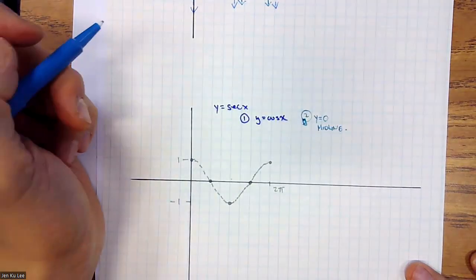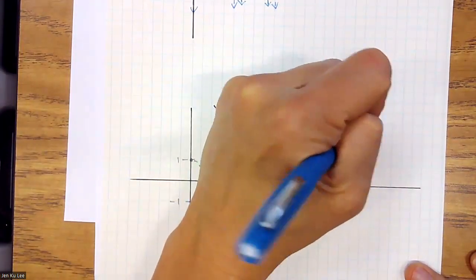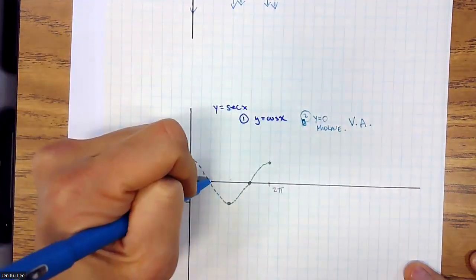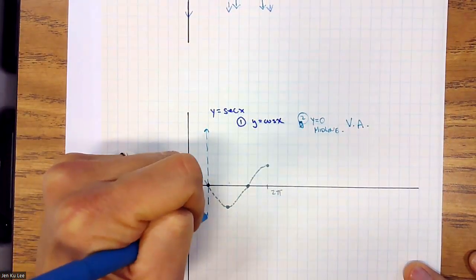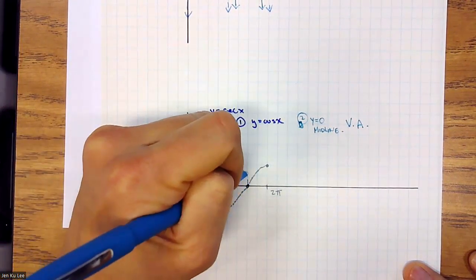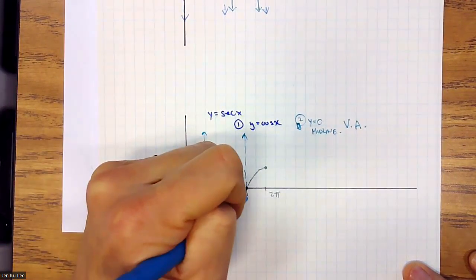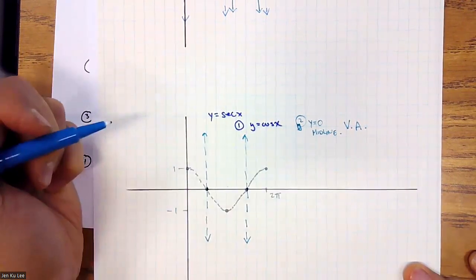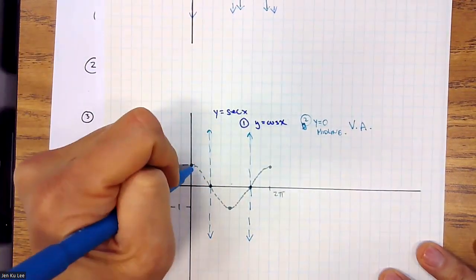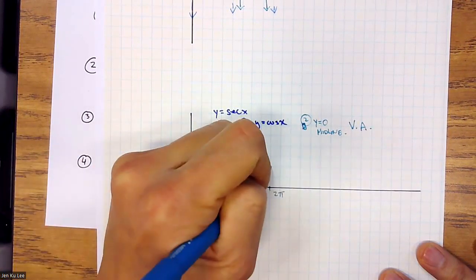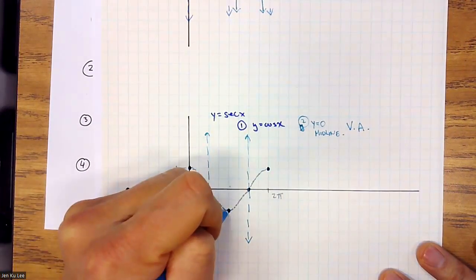I'm going to graph my vertical asymptotes and label them VA. Here is my vertical asymptote, and here is also my vertical asymptote, again because the reciprocal of 0 is undefined. Here are my maximums, and here's my minimum.